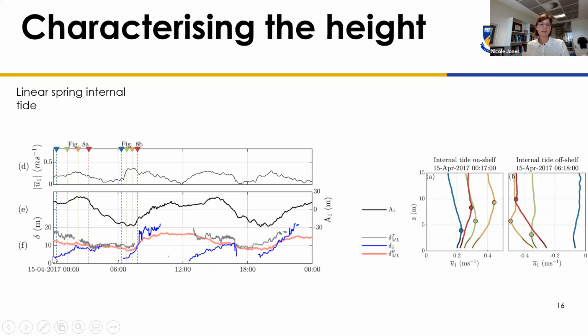You can see that on each tidal cycle, this height grows and reaches a value that is very close to what is predicted from our other two measures, our measure from the backscatter and our measure of the height from the temperature record. And this is repeated over and over again as the velocity goes back to close to zero.